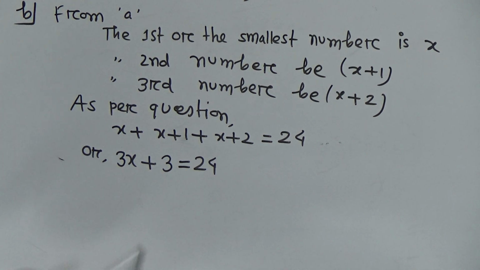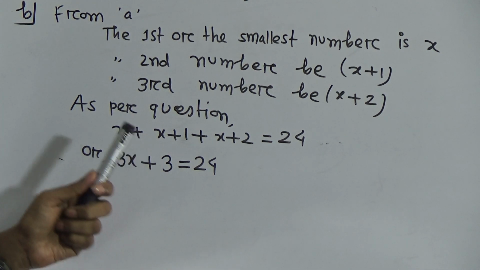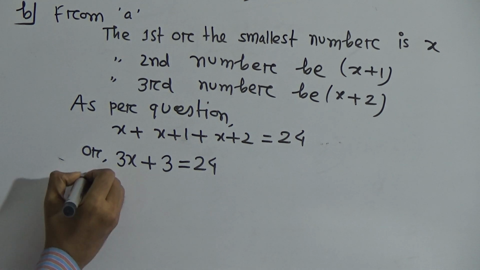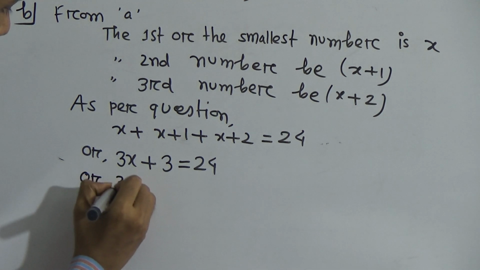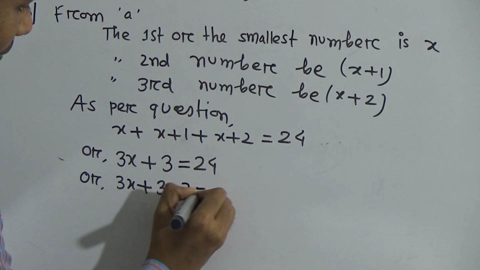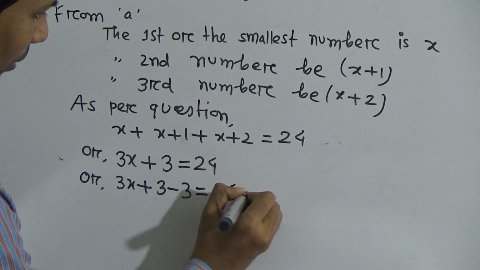Now you see, the 3 is the constant term. So you have to subtract 3 from both sides. Okay? Right here, 3x plus 3 minus 3. Similarly 24 minus 3.